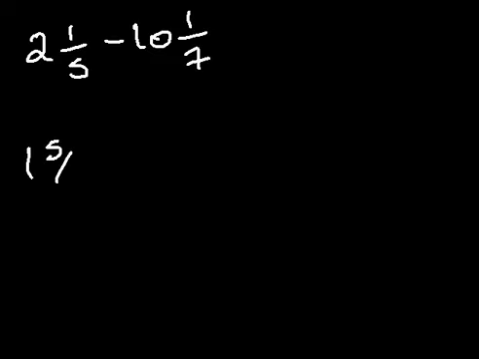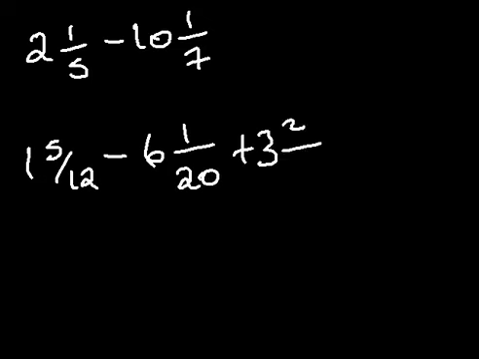Also, for the sake of practice, try the following operations. Let's say we have 2 1 over 5 minus 10 1 over 7. And also try this: 1 5 over 12 minus 6 1 over 20 plus 3 2 over 5.